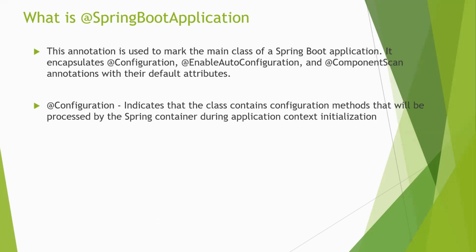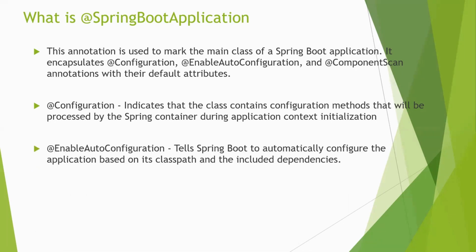Spring Boot automatically takes care of @Configuration. Another one is @EnableAutoConfiguration. It means the Spring container will automatically configure all the bean methods and classes, based on its classpath and its dependencies. Based on the dependencies in the pom.xml and the classpath, it will automatically configure the entire project.